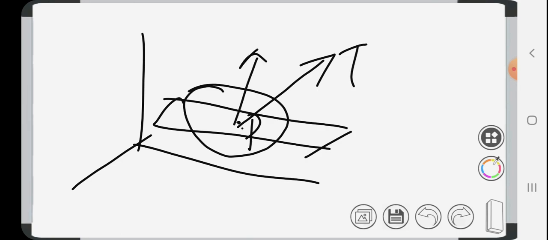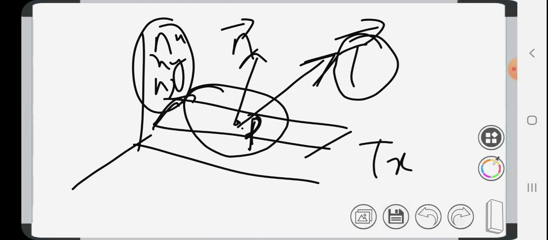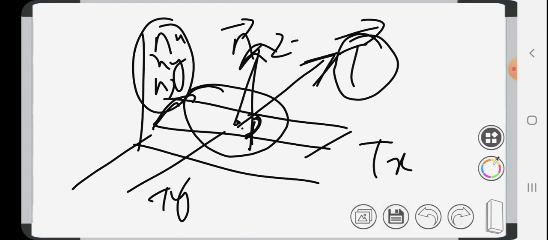The normal is like this, with nx, ny, nz the direction cosines. So you should calculate this t vector for this particular plane, for this particular point. You know the stress tensor based on the rectangular coordinate system for this point. If you know this and nx, ny, nz, we can calculate the components tx, ty, tz.